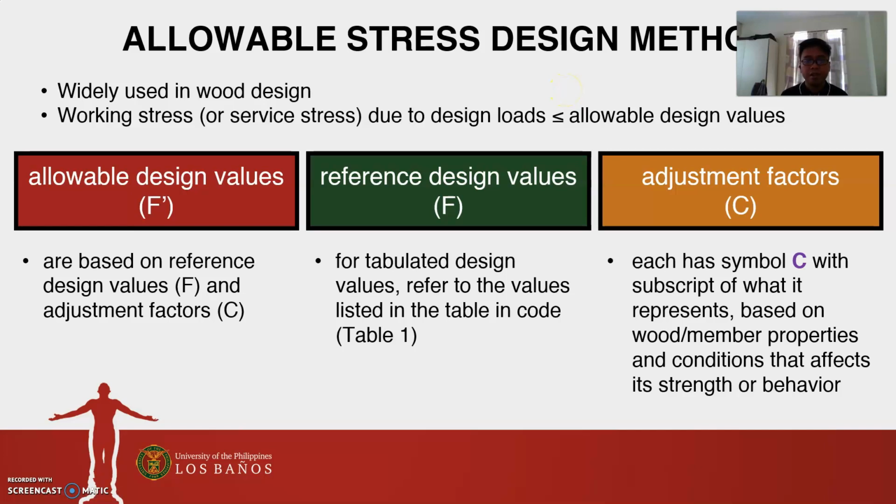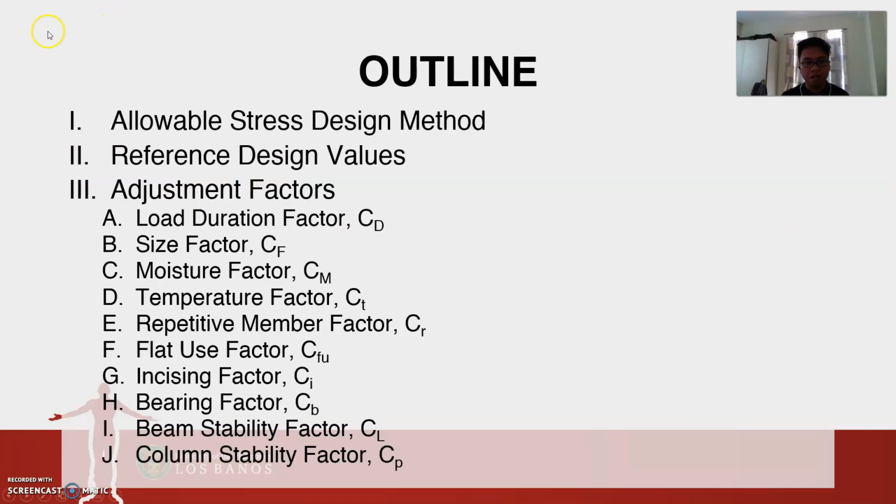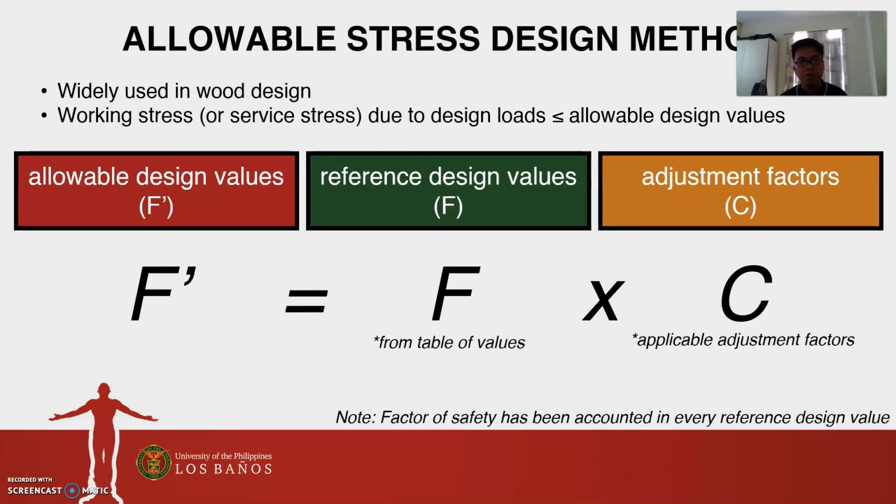For the reference design values, as I mentioned in the outline, they will be obtained from tables. And then the adjustment factor C: each has the symbol C with a subscript of what it represents, as we've seen here, adjustment factors from letter A to J. So F prime would be equal to F times C.